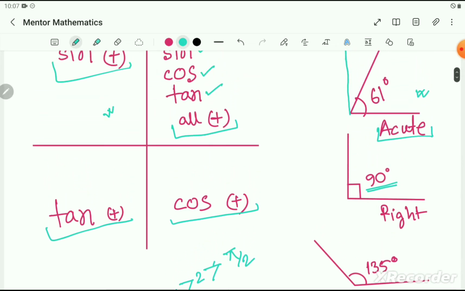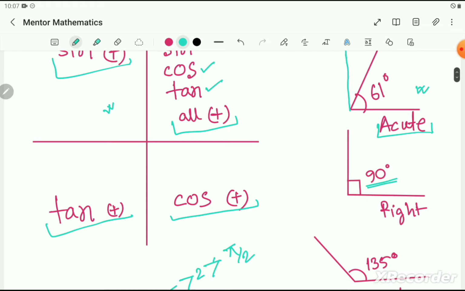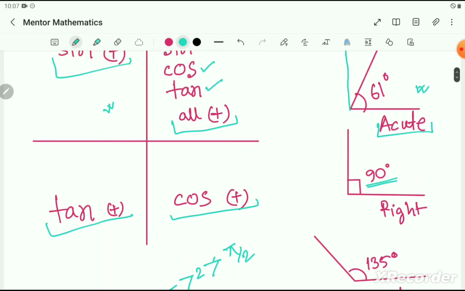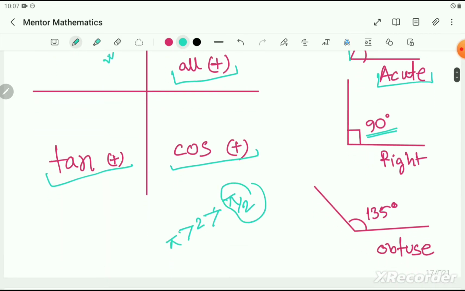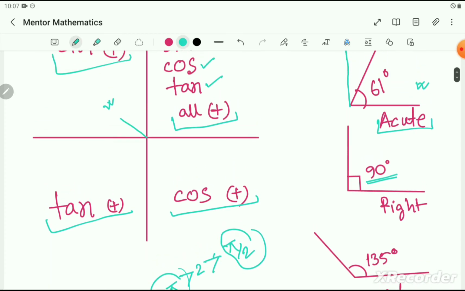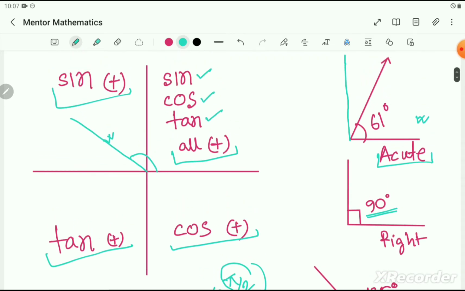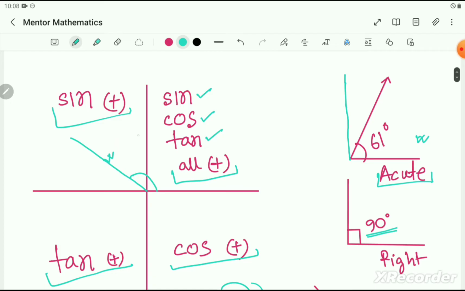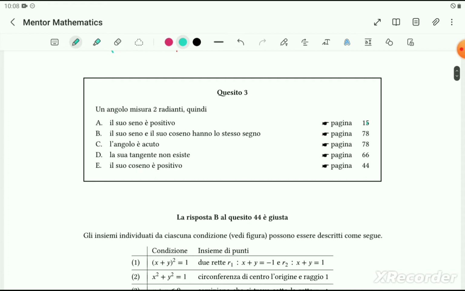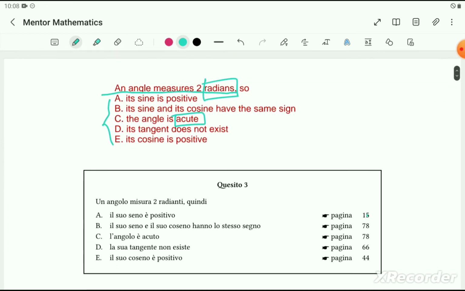Second quadrant, because 2 radians is an angle which lies in between pi by 2 and pi. Like the second quadrant, we can consider it could be an angle like this. And we know from these graphics that in the second quadrant sine is positive and cos and tan are negative. So let's go to the options, then we'll understand. So here are the options. Its sine is positive.